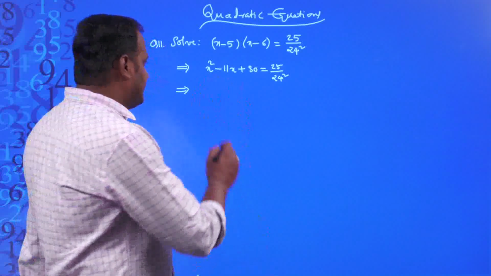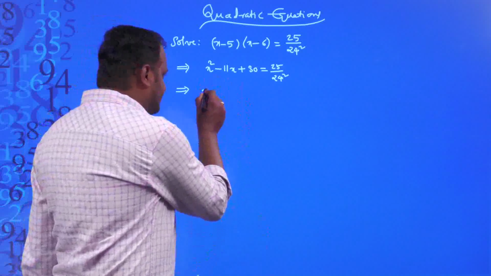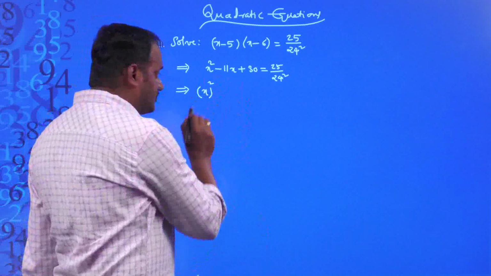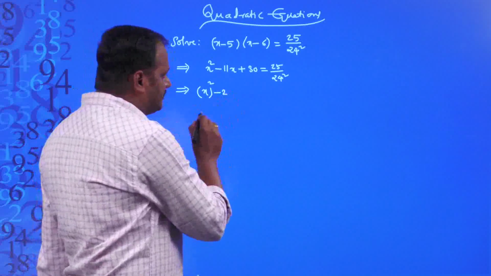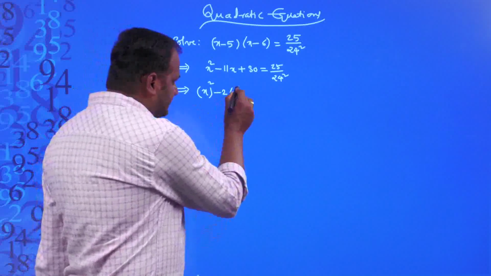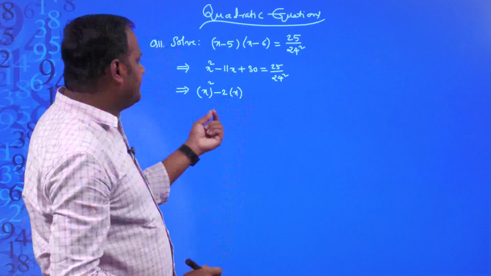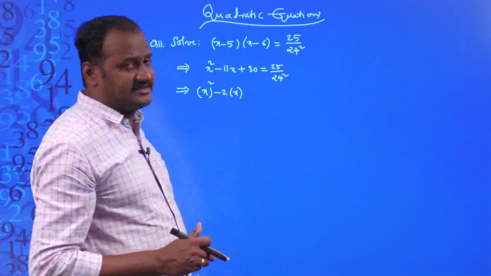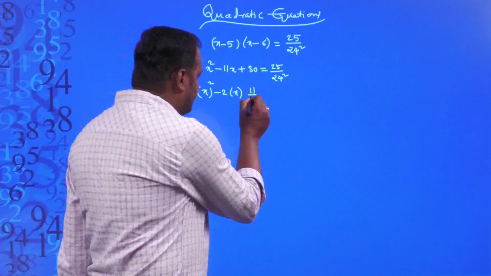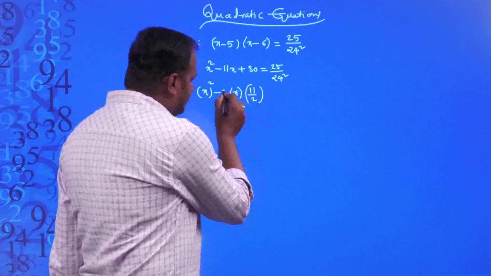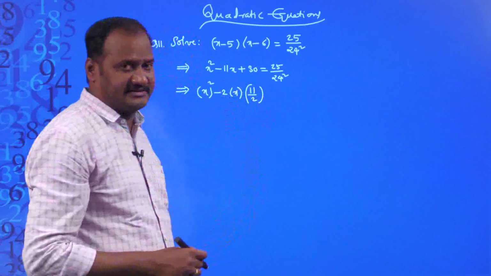Okay, right. x square can be written as x whole square. So a square minus 2ab, that is minus 2 into a, which is x, into b. 2 into x into how much is equal to 11x? Yes, that is 11 divided by 2, because this 2 and 2 get cancelled, x into 11 is equal to 11x.